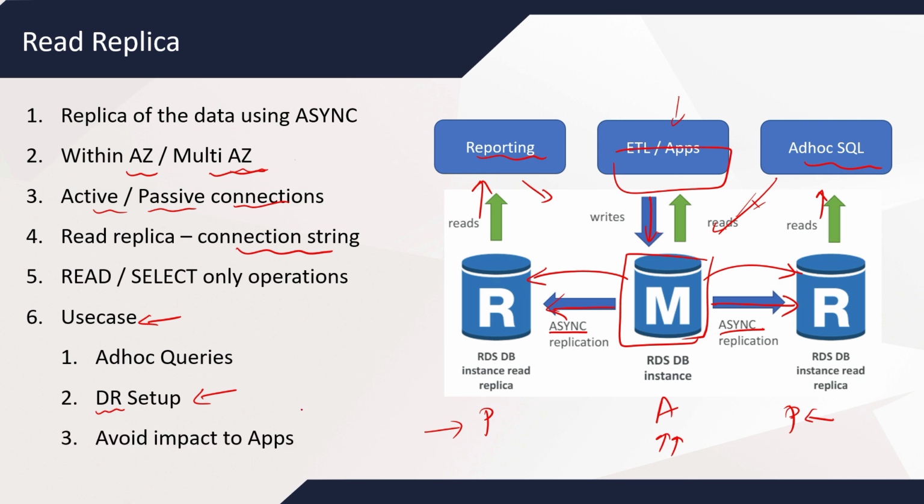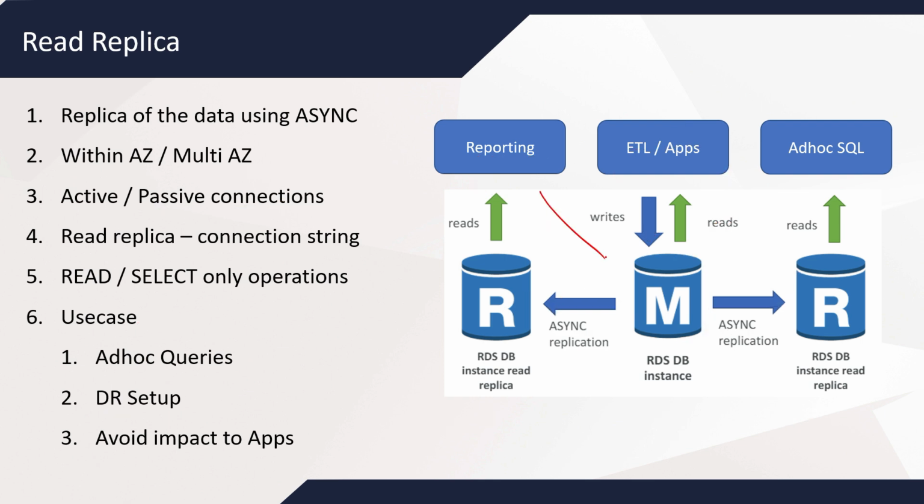And this way you will even avoid impacts to the main application. For example, if everybody is trying to hit the master database for querying purposes, there will be some locks or deadlocks or other performance impact on the applications, right? So the read replicas will avoid all those impacts.